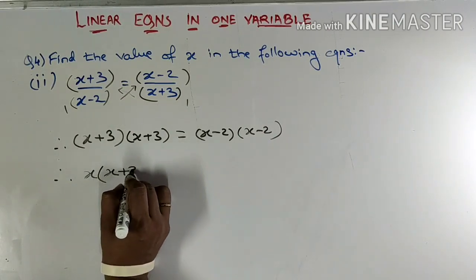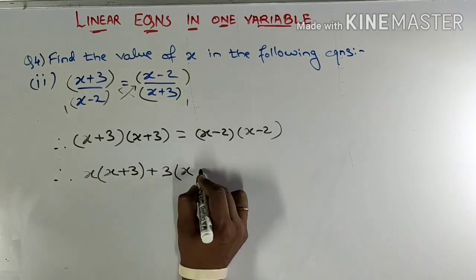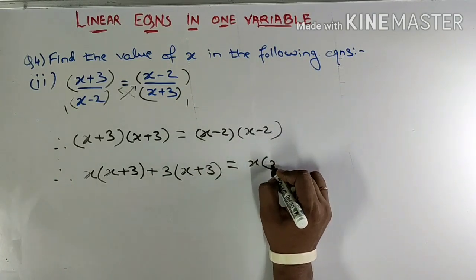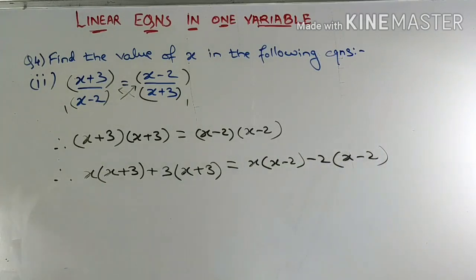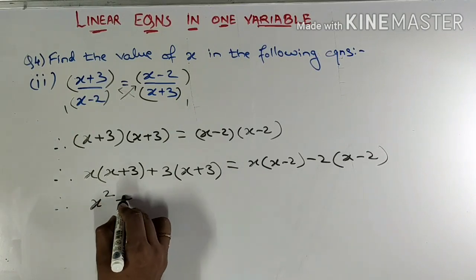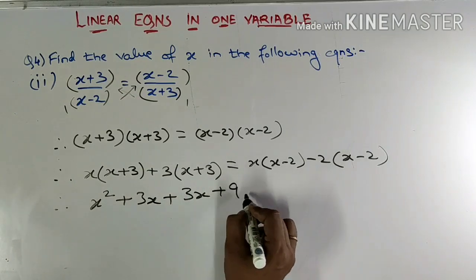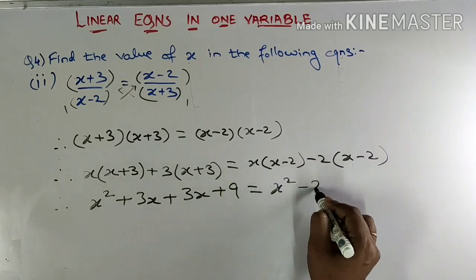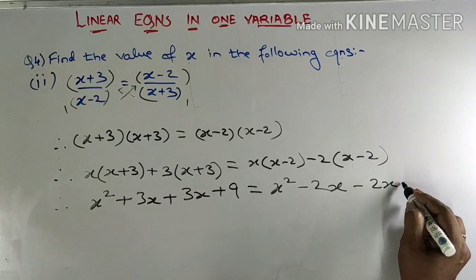x plus 3 second term into second bracket. Same, first term into second bracket, second term into second full bracket. Therefore, x square plus 3x plus 3x plus 9 equals x square minus 2x minus 2x plus 4.